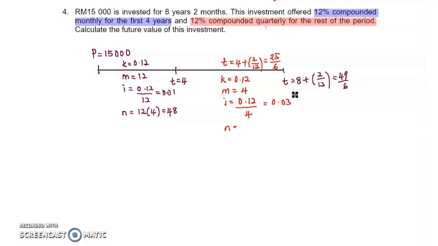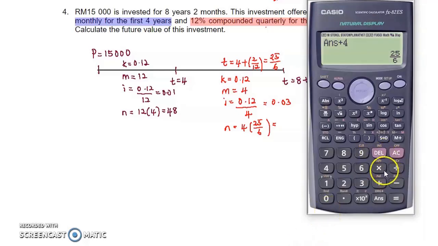N equals M times T. T is 25/6, times 4. Okay, if you look at here, N is 16.6667. Or if you use a fraction, 50/3.